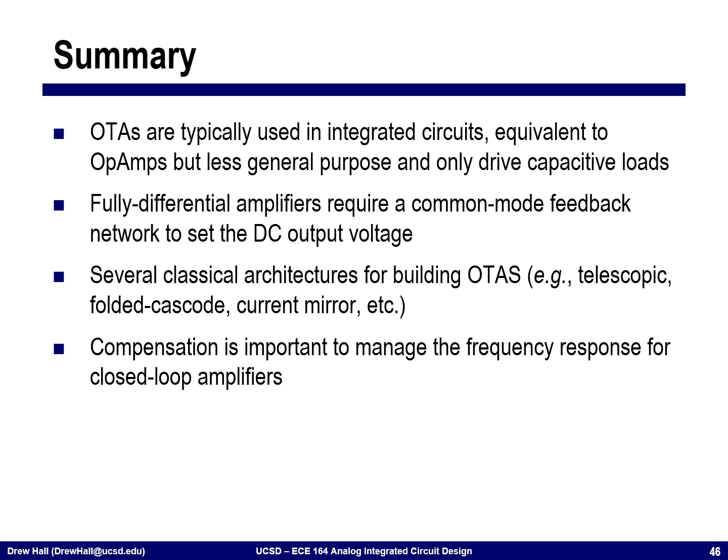Then we went through several different architectures for building OTAs: telescopic, folded cascode, current mirror. There are a lot of other architectures as well as hybrids of these where we will cascade multiple stages in order to get a compound amplifier. And lastly, we spent a little bit of time talking about compensation and managing the poles and zeros for closed loop amplifiers.